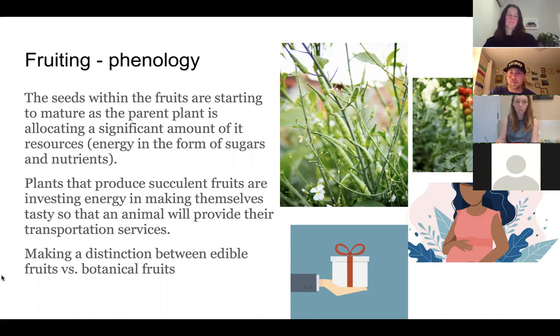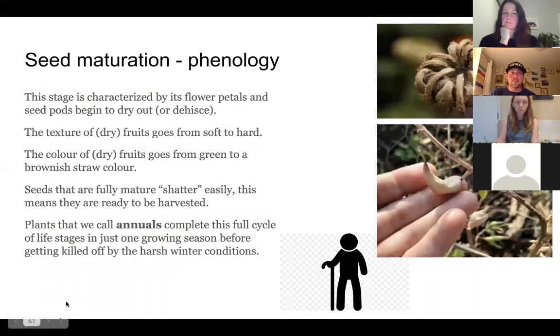I don't have to spend too much time on it, but at the start of the fruiting stage, especially for the dry fruits, this is in the mustard or brassica family, you can see how this is very early on in that fruiting stage. The pod is still very green and very soft, and you'll see as I flip to the later seed maturing stage, the difference.